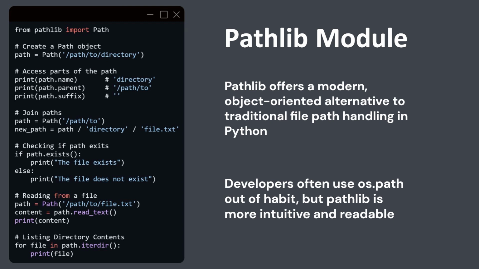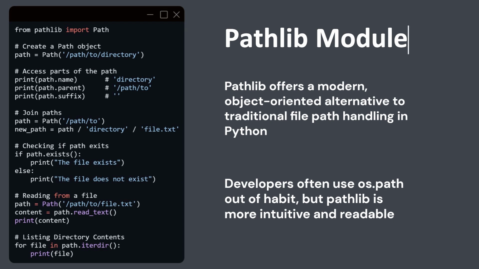But Pathlib provides a modern, object-oriented approach to handling file paths. Instead of treating paths as simple strings, Pathlib turns them into objects, making path manipulations much more intuitive and readable. With Pathlib, you can easily join paths, check for file existence, read, write, and more, all with a cleaner, more consistent syntax.